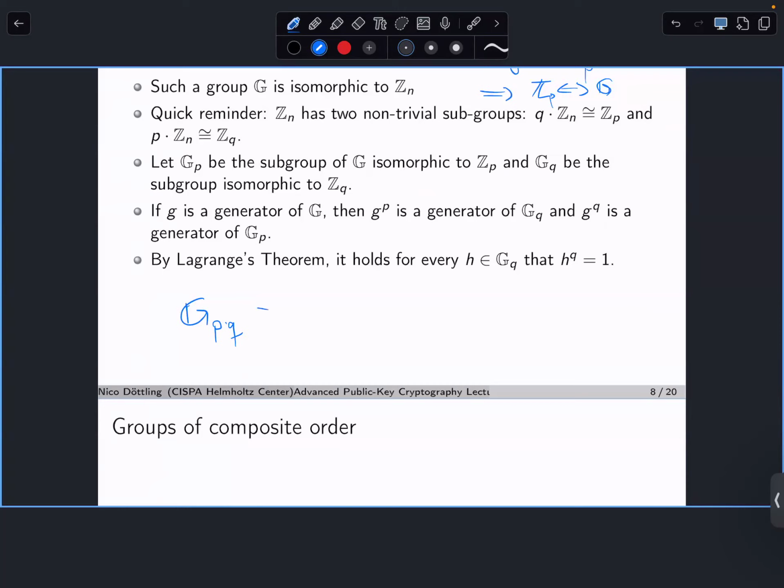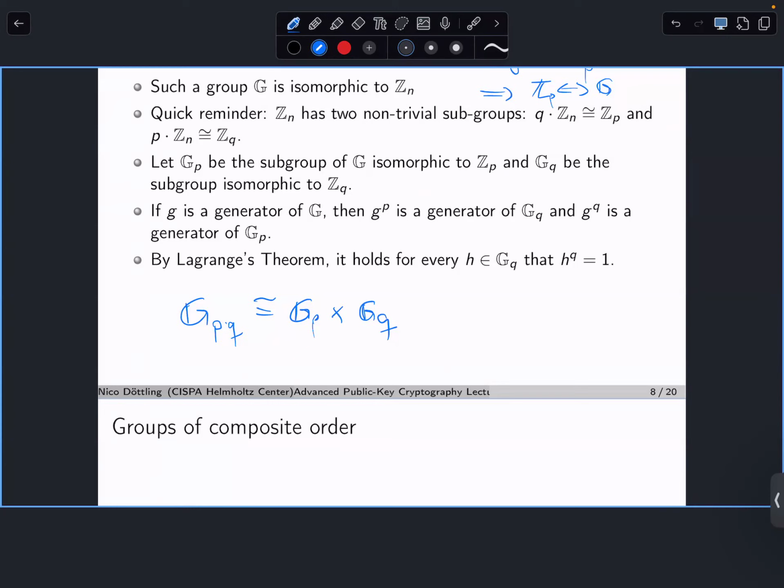Via Chinese remaindering and whatnot, this group is going to be isomorphic to a cyclic group GP times a cyclic group GQ, right? And since P and Q are co-prime, we can deduce that GPQ also has to be cyclic.